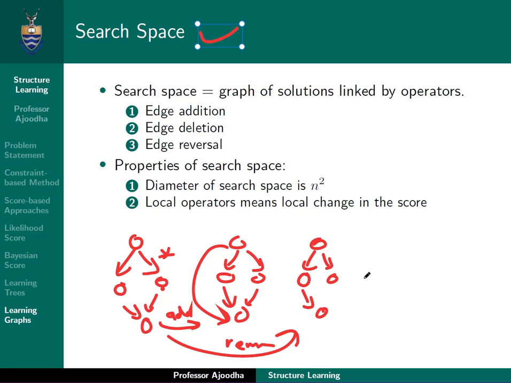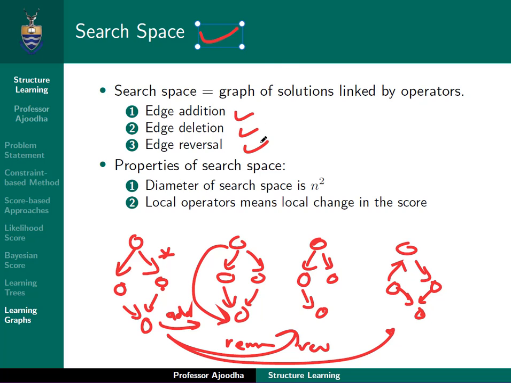I can also reverse an edge, so I reverse the edge from here to there. So just with these 4 variables, I can see there are lots of different ways that I can change these graph structures. I can delete edges, add edges, and these are all called operators.